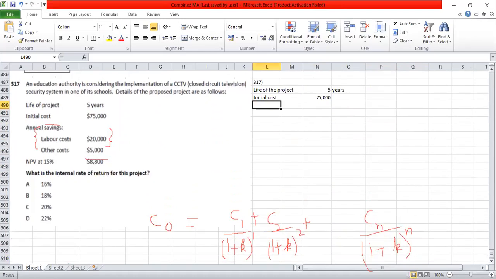So if we are calculating NPV at 8,800. Now here is year 0. Then we have cash flows. The first one is an outflow, which is minus 75,000.